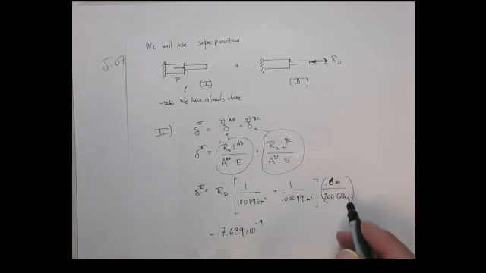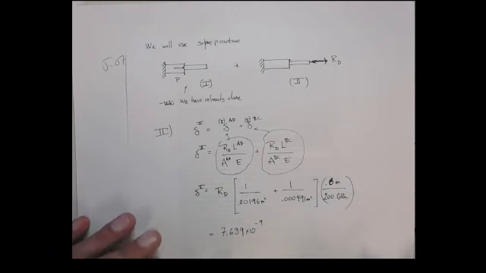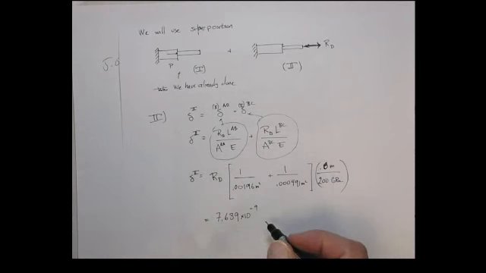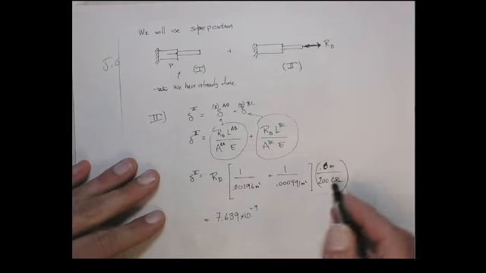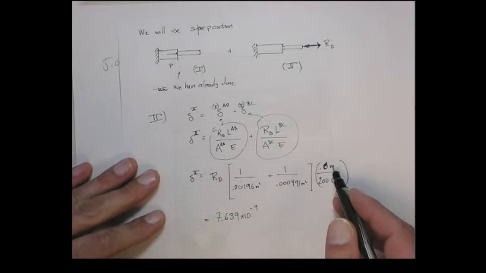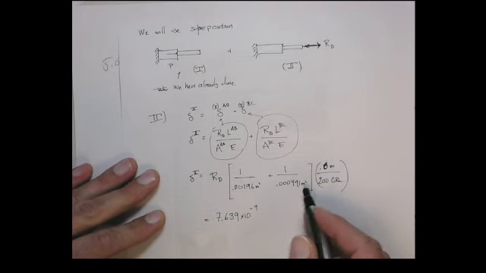Now the units we're going to have here, I put this all in MKS. We have meters, we have a meter squared times meter, so I got a meter down here.